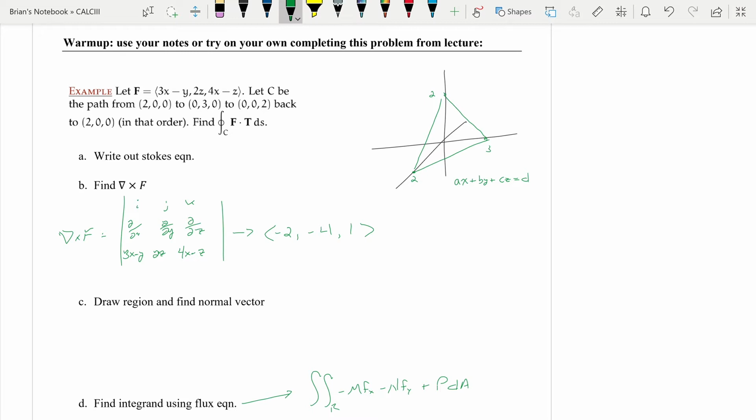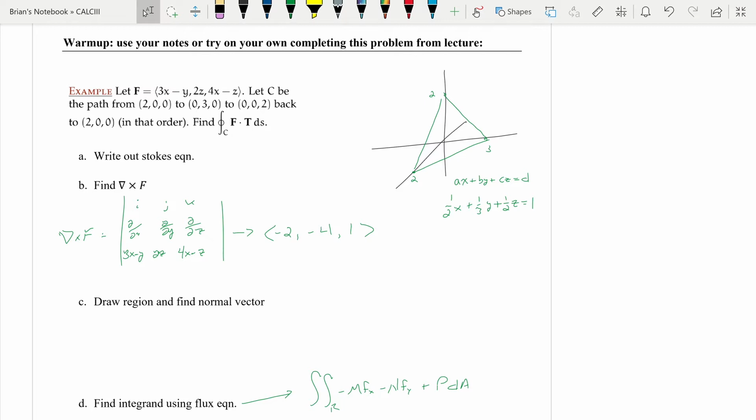Next, we need to draw the region and find the normal vector. You can see I already drew the region up at the top. It's 1/2 x plus 1/3 y plus 1/2 z is equal to 1, which would be the equation of that plane. We've done a few of those problems way back in the day when we had these sessions in person.